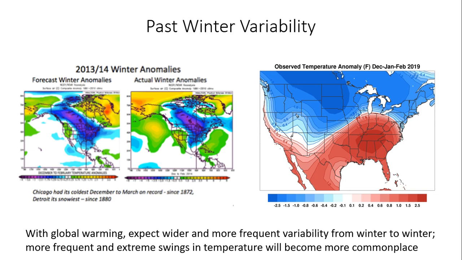In that winter, in fact, Chicago had its coldest December to March on record since 1872. Detroit had its snowiest winter on record since 1880. So that's saying something in locations that normally get cold and snowier winters. The graphic on the right is the complete opposite.